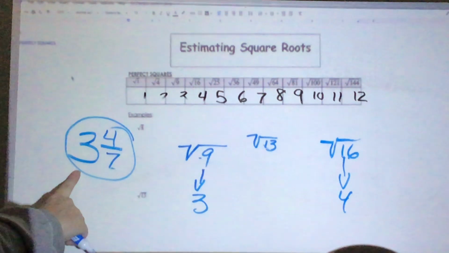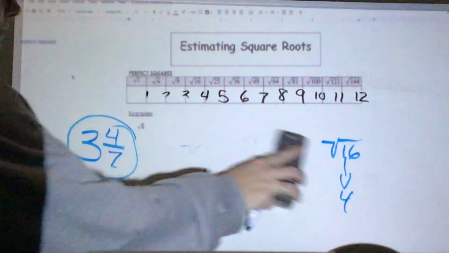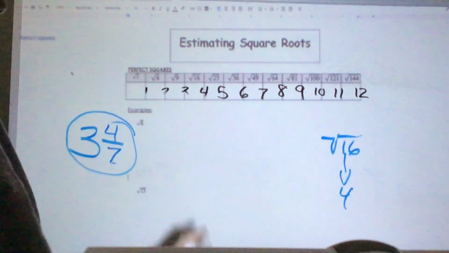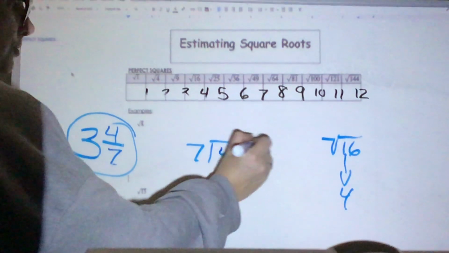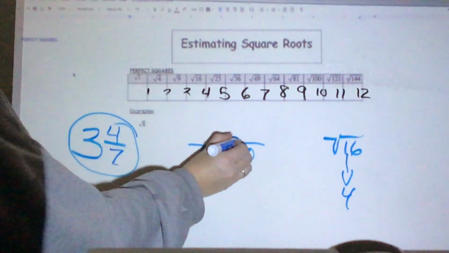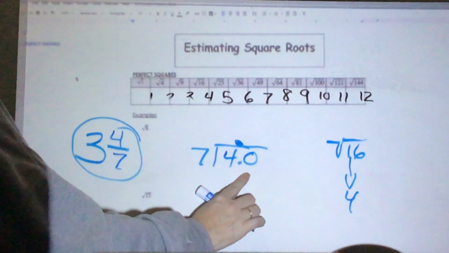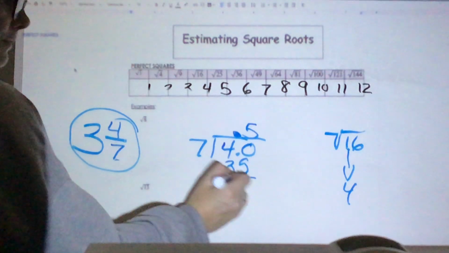I also need to be able to write that as a decimal, rounded to the nearest tenth. And the easiest, quickest way to do that, if you don't know your sevens, is to divide. The top number always goes in the box. 7 goes into 40 5 times, which is 35.